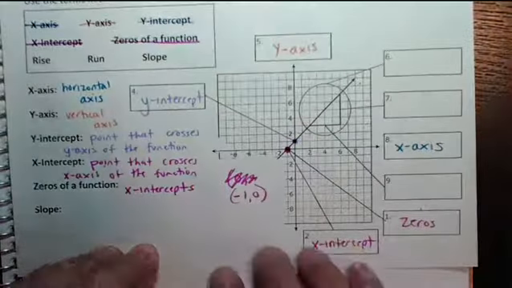Okay, and we use rise and run to find the slope. Rise over run, and that should be a review from last year. Rise over run is the slope, and we always want to talk about the change of y's, because again, y values go up and down, so the change in the y, which is the rise, over the change in the x.